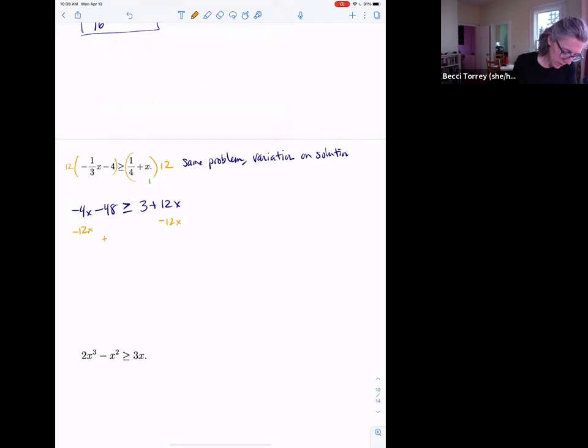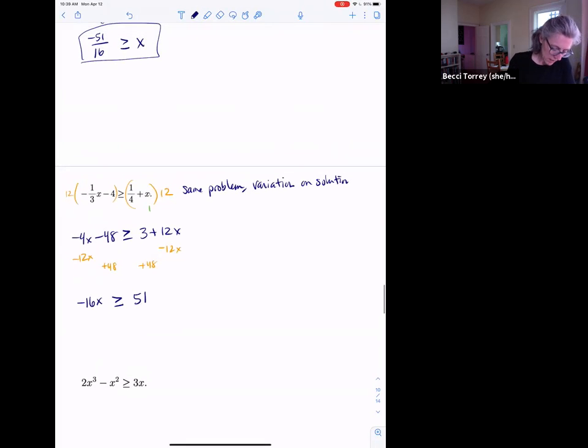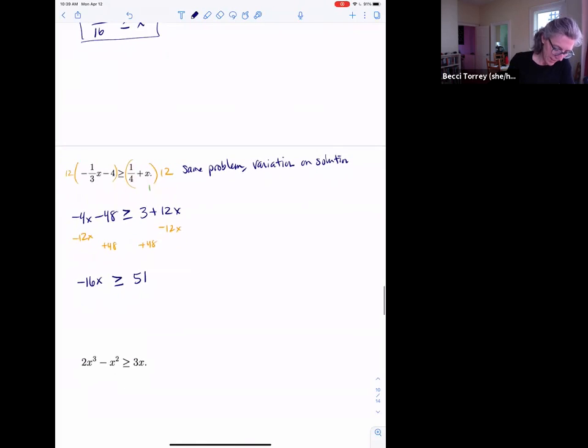And I will also add 48 to both sides. And so here I'm going to do -12 minus 4, so that's -16x is greater than or equal to, now I've added 48 to both sides, 51. This is looking good for matching my previous solution. And now in order to get x alone, I have to divide by -16.